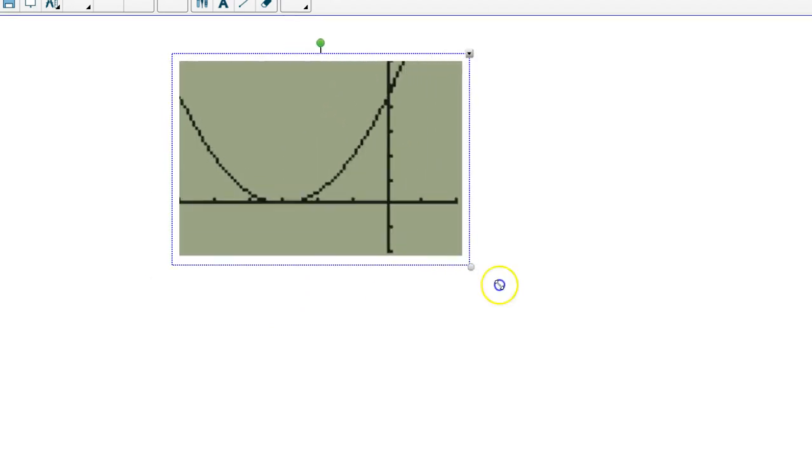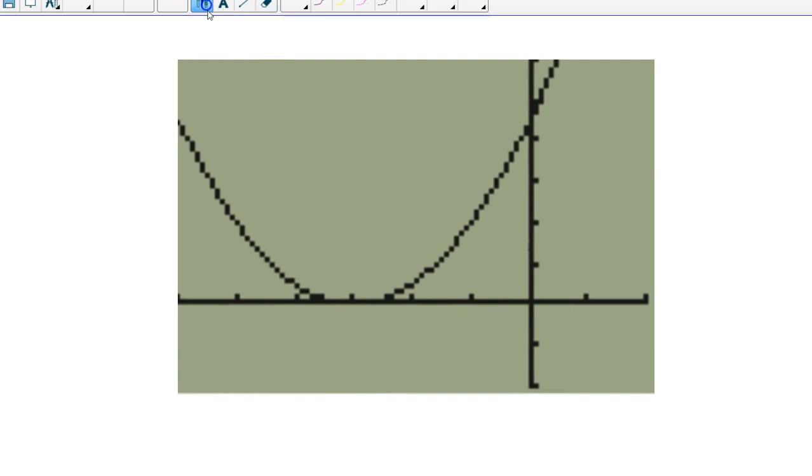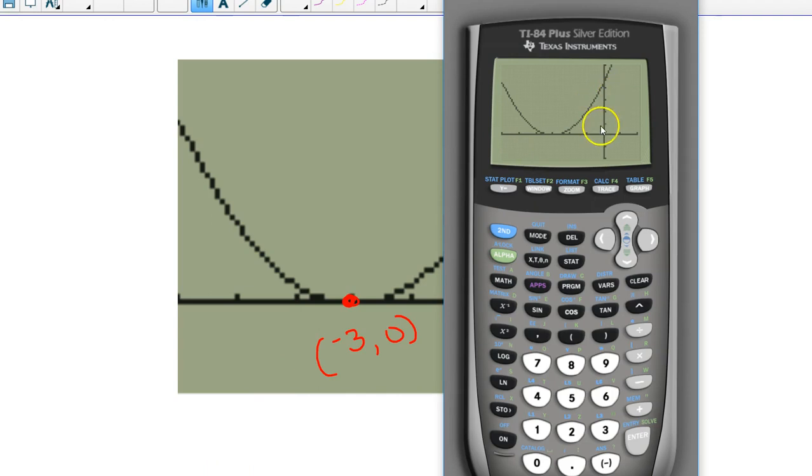Okay, this is the graph, and you can see that it is intersecting the x-axis at this particular point only, at x is equal to -3. That's the only point that it reached and went up. So -3, 0, and the y-intercept is somewhere here, like 4.5, or let me check with the calculator.